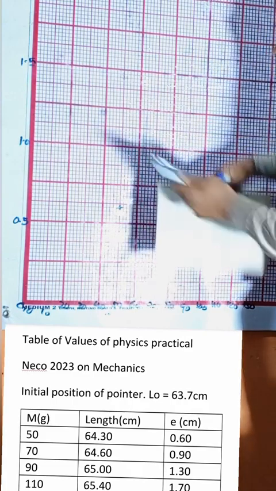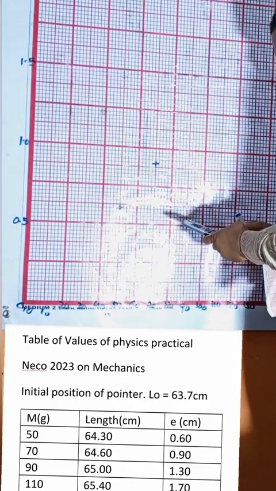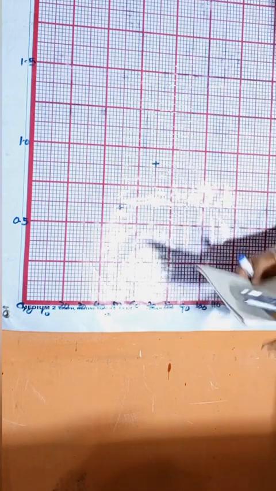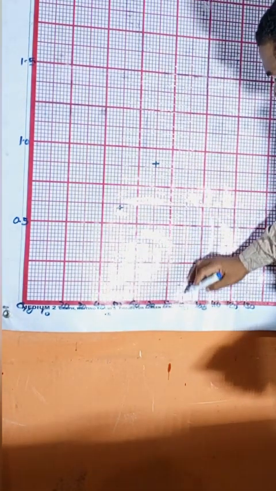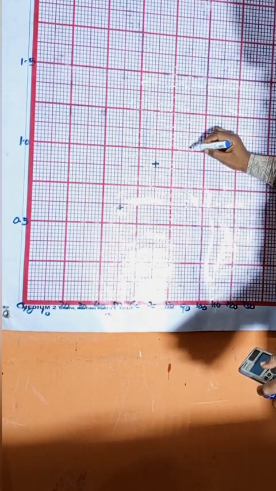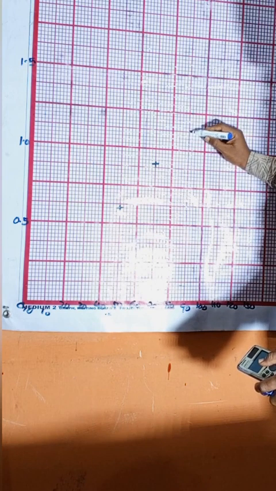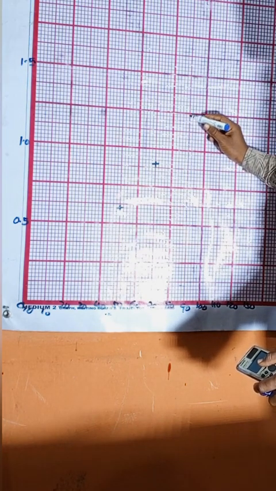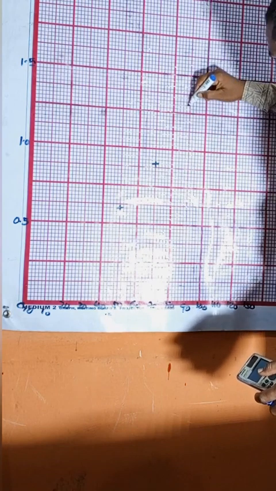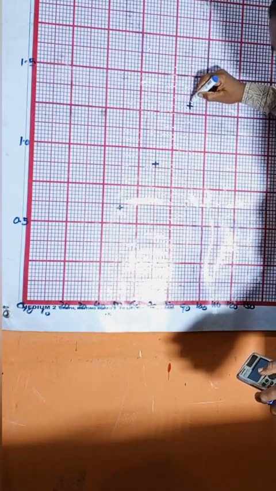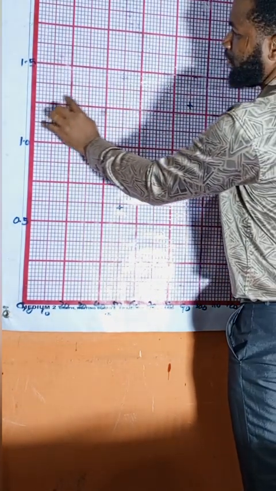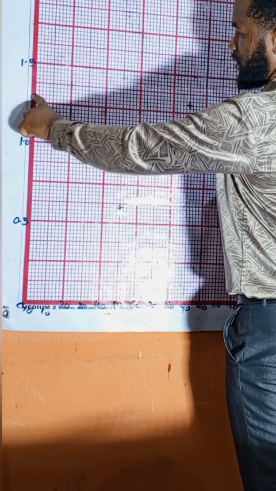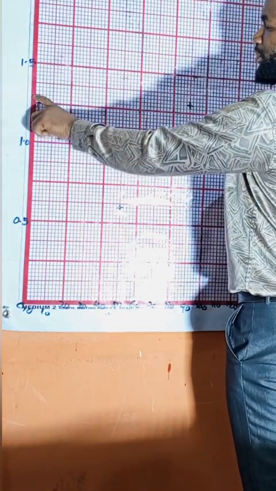I will say 0.3 divided by 0.025. I need 12 lines from 1 to get to 1.3. So under 90, this is 1. 1, 2, 3, 4, 5, 6, 7, 8, 9, 10, 11, 12. So this is the place where I have this line now. If I trace it to the vertical, this place is where 1.3 is. This is that 1.3, all right?